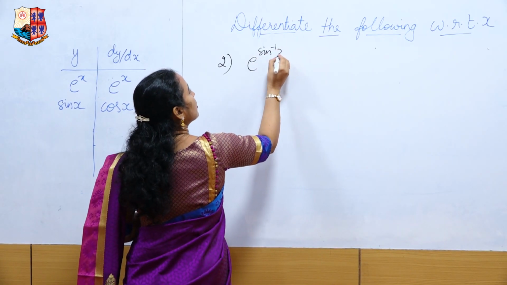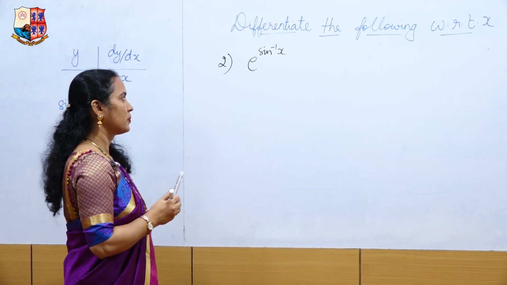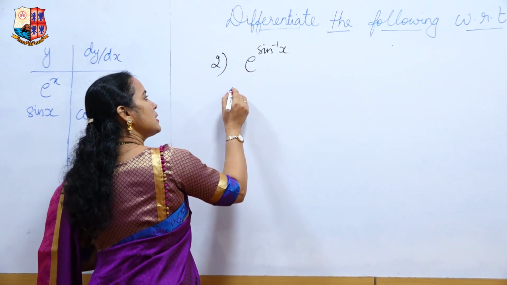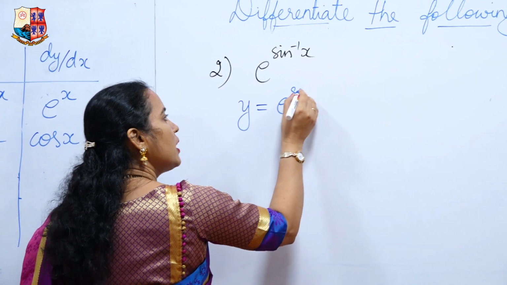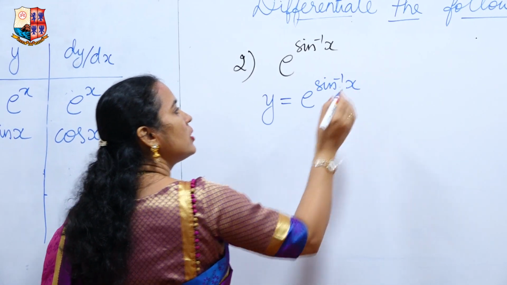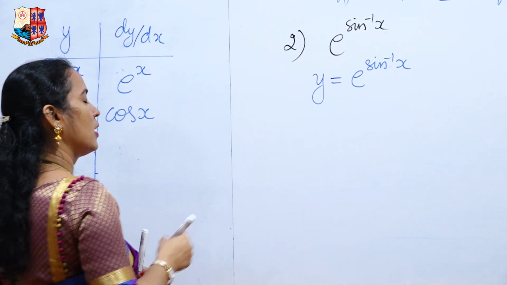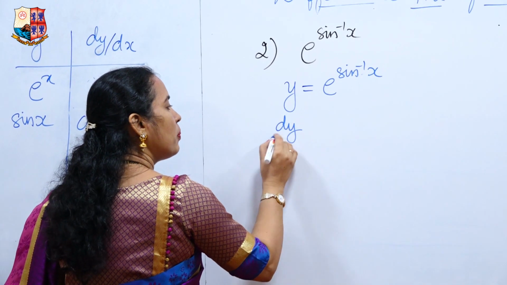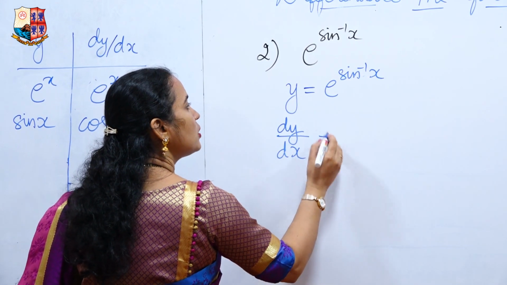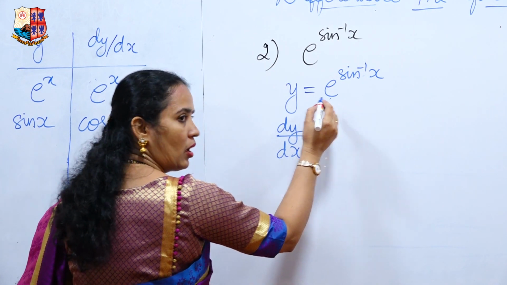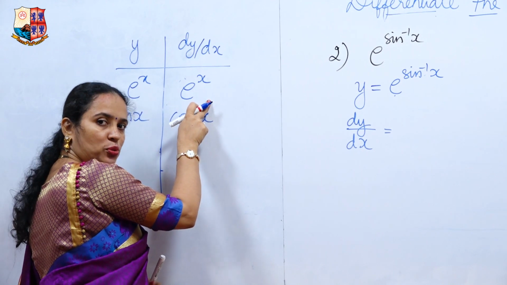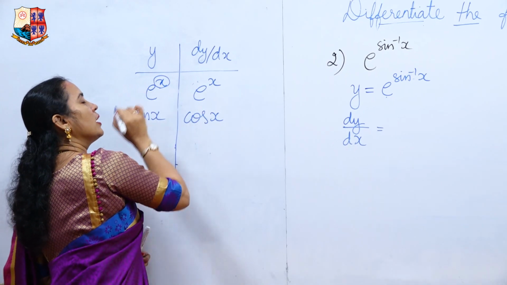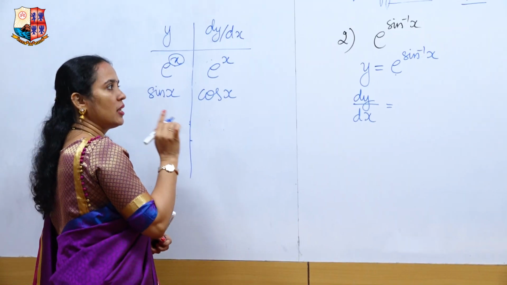e to the power sin inverse x. Take the first step as y. y is equal to e to the power sin inverse x. dy by dx is equal to, you have e, outermost is e to the power x. When you differentiate, e to the power x. Now in the place of x you have sin inverse x.